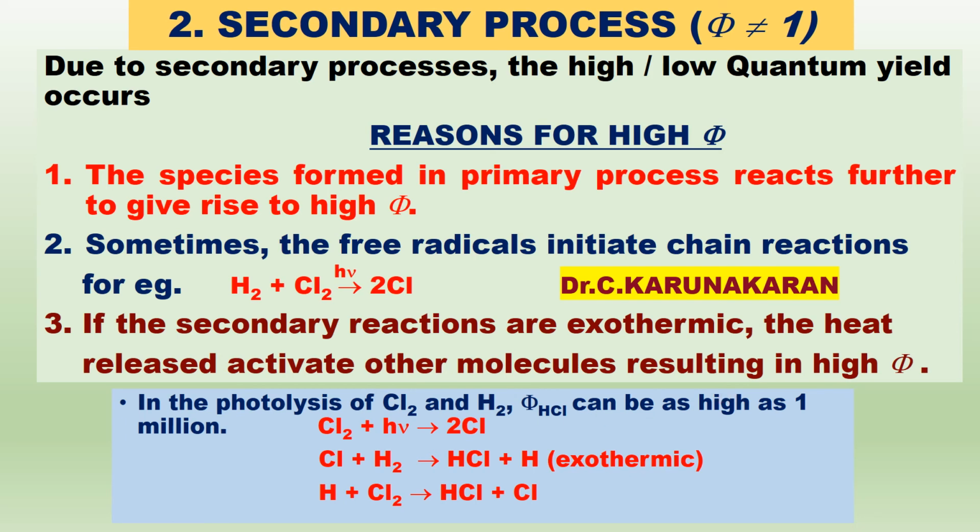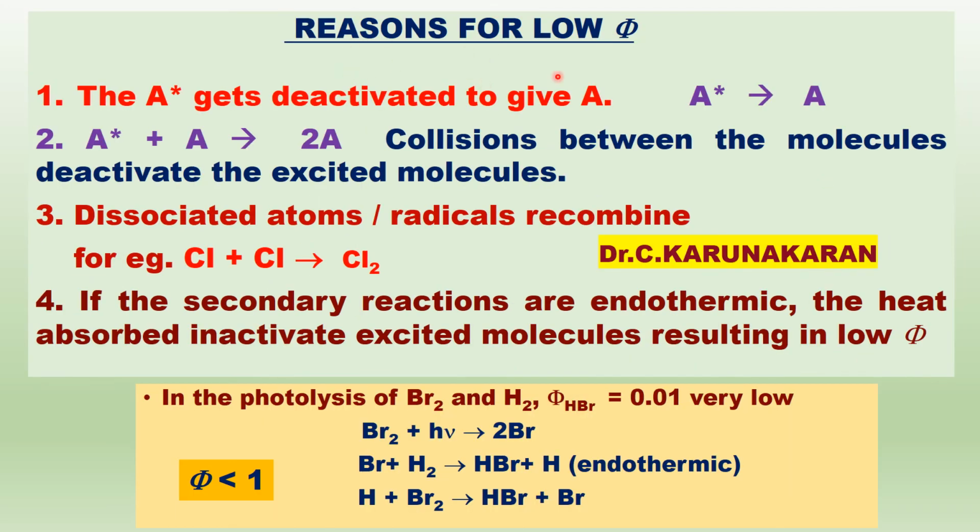Now, what are the reasons for low quantum yield? The reasons for low quantum yield are also due to the secondary process. The A star, the excited molecule, gets deactivated to give back the reactant. See, the photon is lost. The energy of the photon is lost now. Therefore, the quantum yield is low.